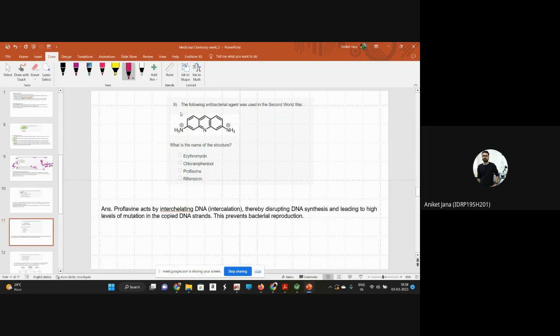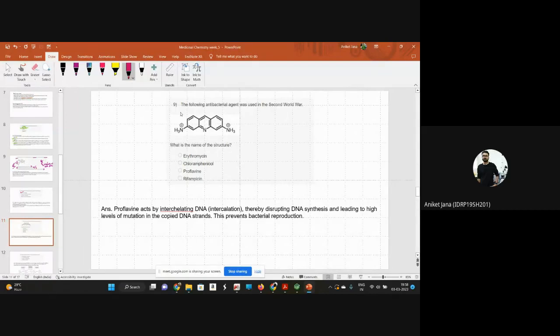Now, the following antibacterial agent was used in the Second World War. What is the name of the structure? Proflavin.